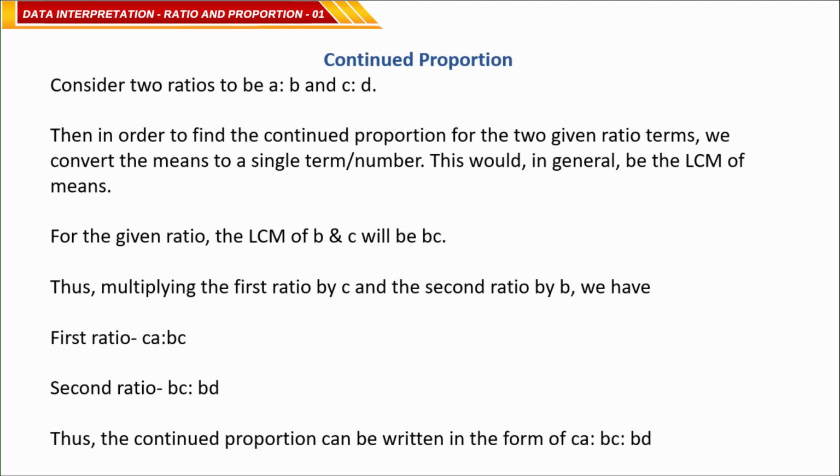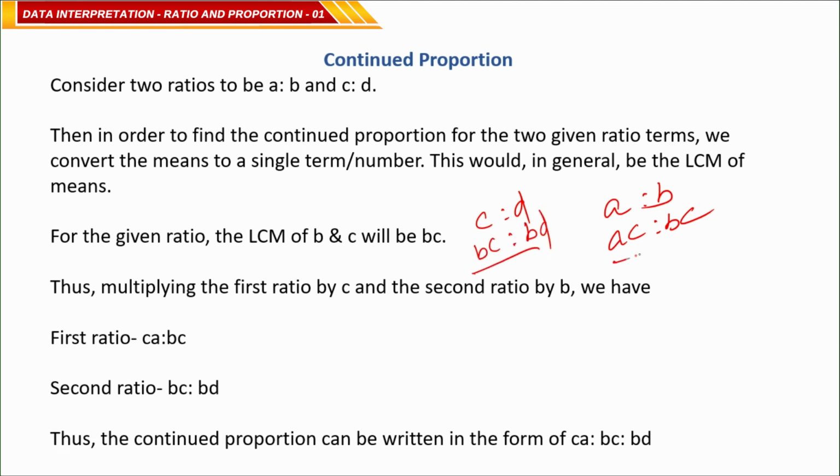Thus, multiplying the first ratio by C and the second ratio by B, we have, for example, A is to B. Multiply both with the letter C, then we can say AC is to BC. This is the first ratio. And what is the other ratio here? C is to D is another ratio. Multiply both with B, that is BC is to BD.